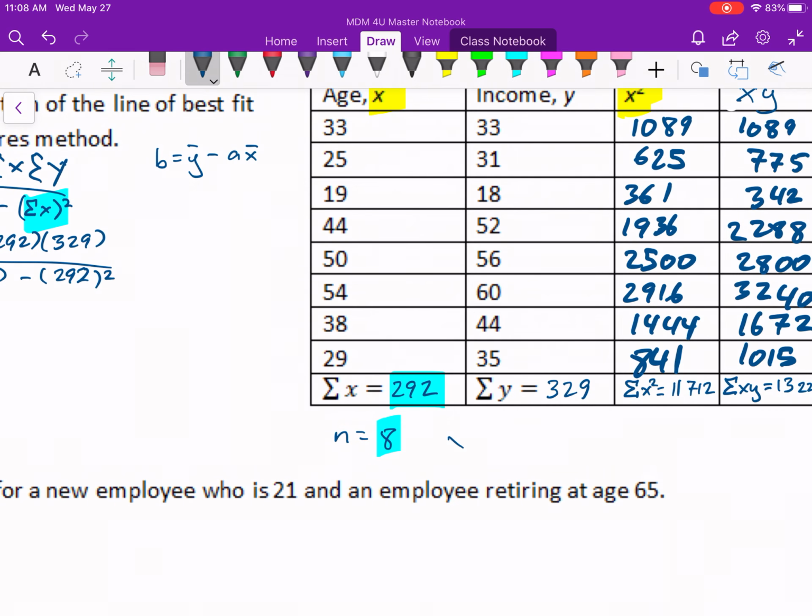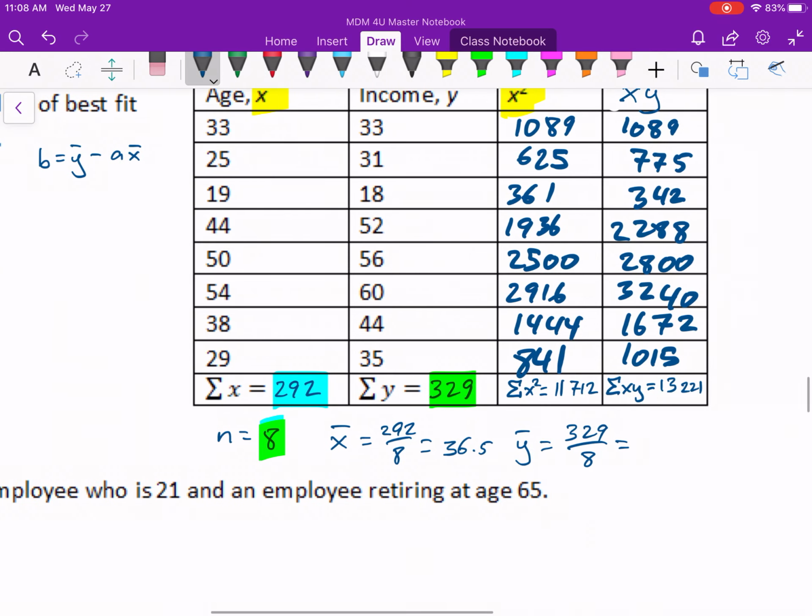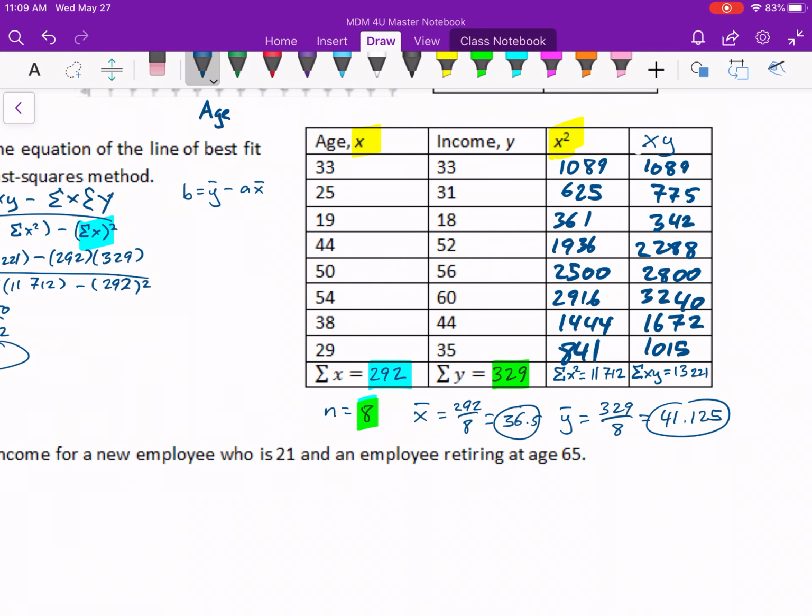X bar equals 292 over 8, which gives me 36.5. And then I'm going to do the y's divided by n, and that'll give me my y bar, which gives me 41.125.